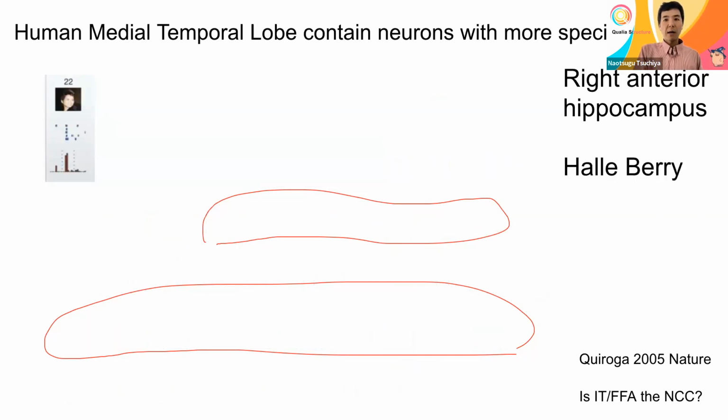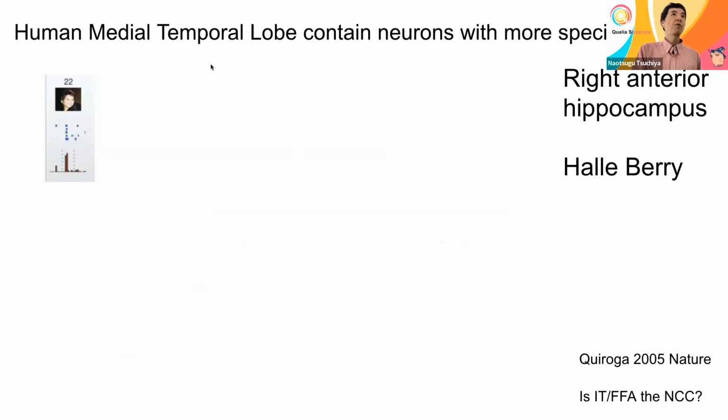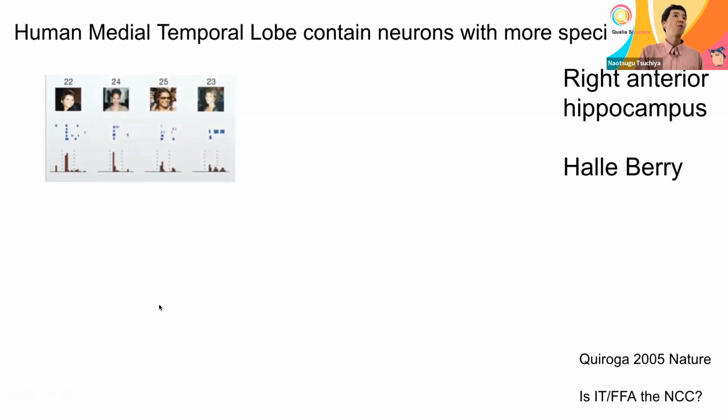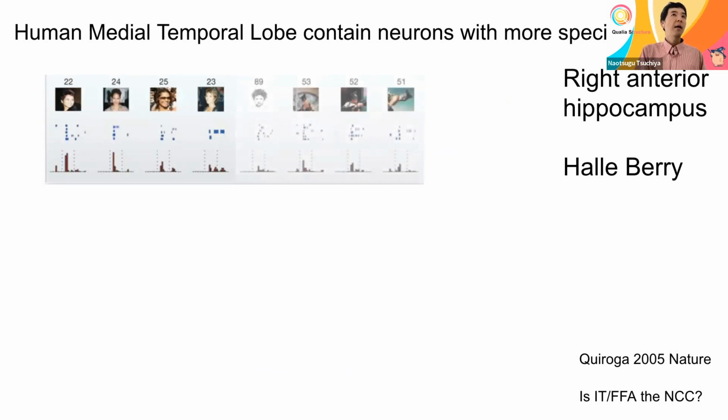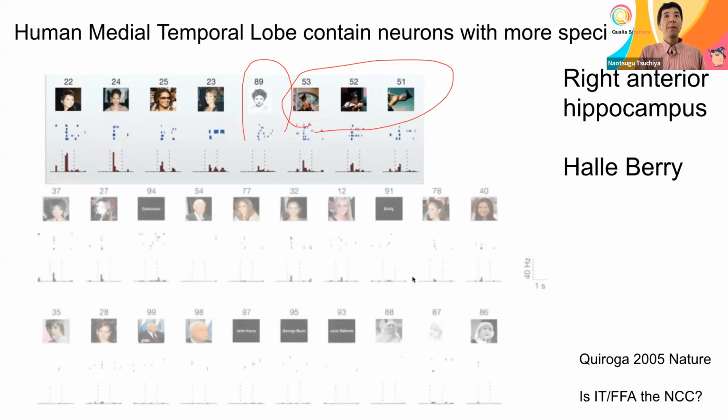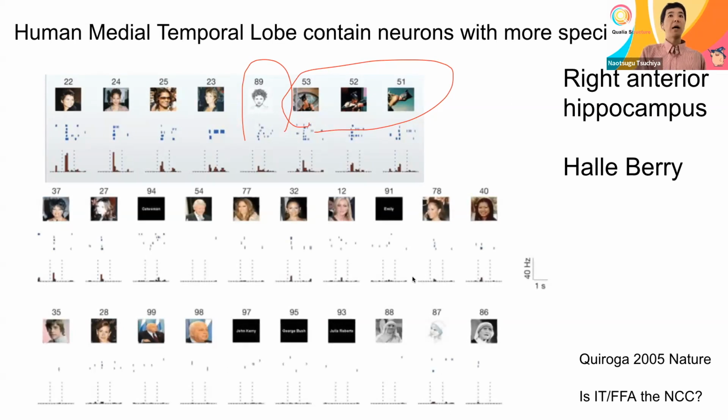And this one is the so-called Catwoman neuron, or Halle Berry. This is similar to the Jennifer Aniston example, but when Halle Berry, the actress, was presented, this neuron responded. But also to the line drawing of Halle Berry, and also to Halle Berry in the Catwoman costume, in the Batman movie, it responded almost the same way, but not to the other actresses, including Mother Teresa.